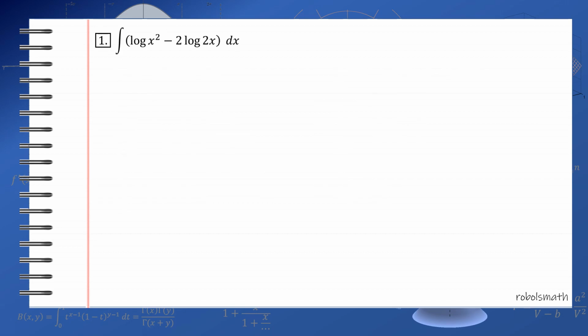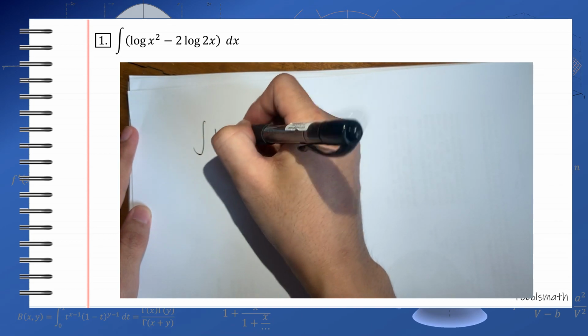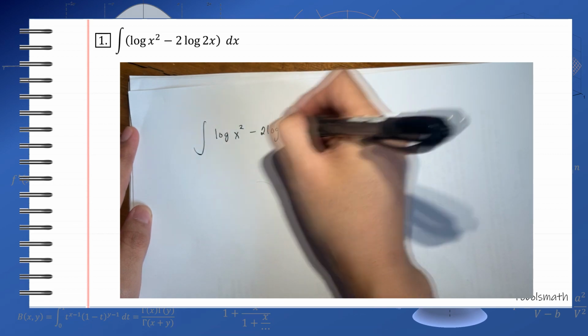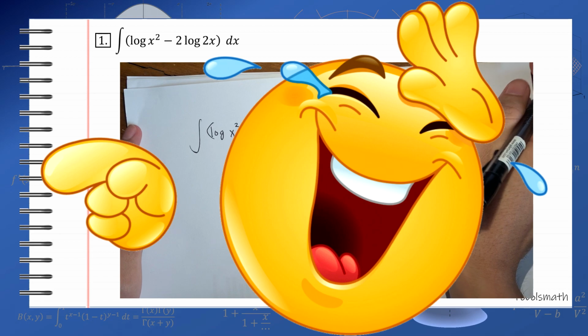For the first item, we solve the integral of log of x squared minus 2 log of 2x dx.